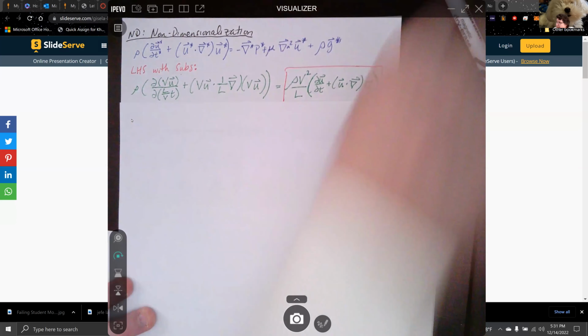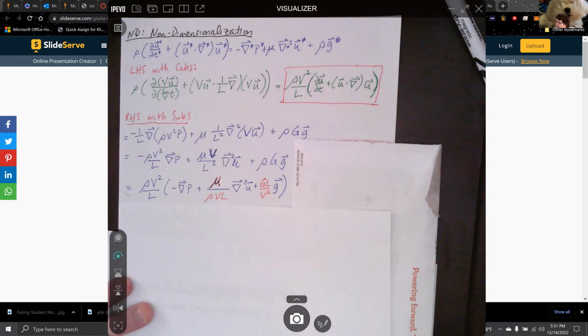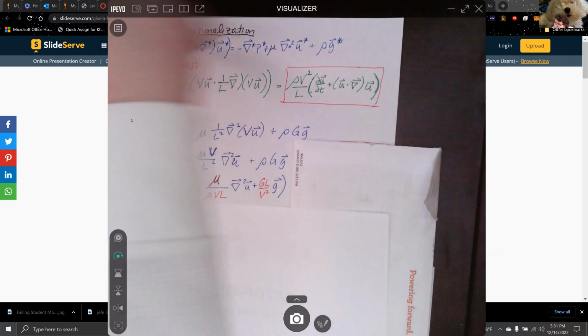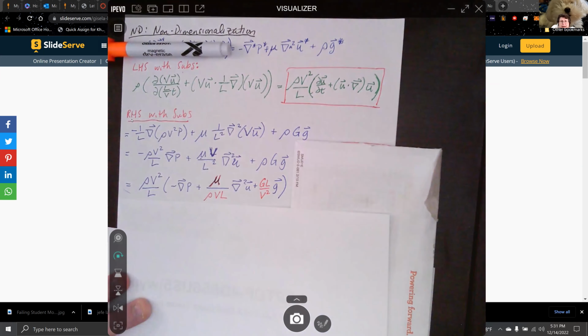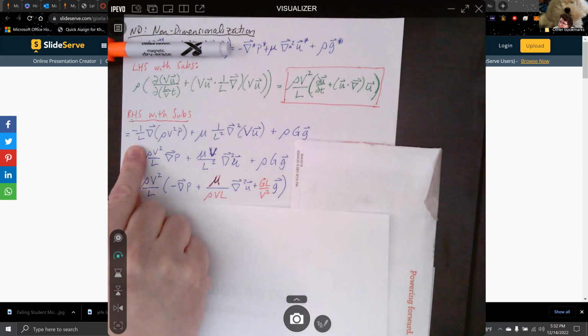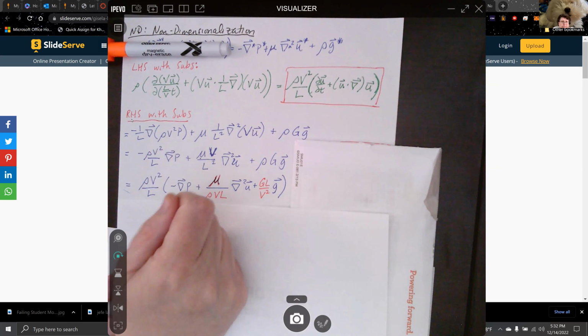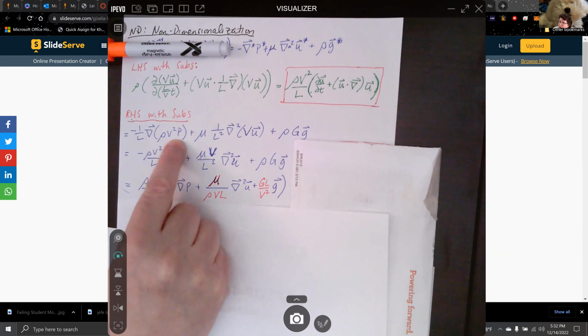Let's take a look at the right-hand side. We have the negative gradient of the pressure. So gradient was 1 over L times the gradient. For pressure, we're going to go with the fast flow, the rho V squared version, times the pressure. That will be the units there.